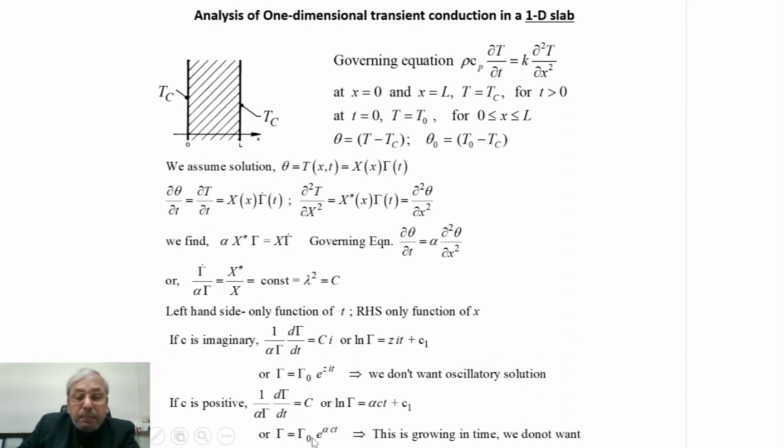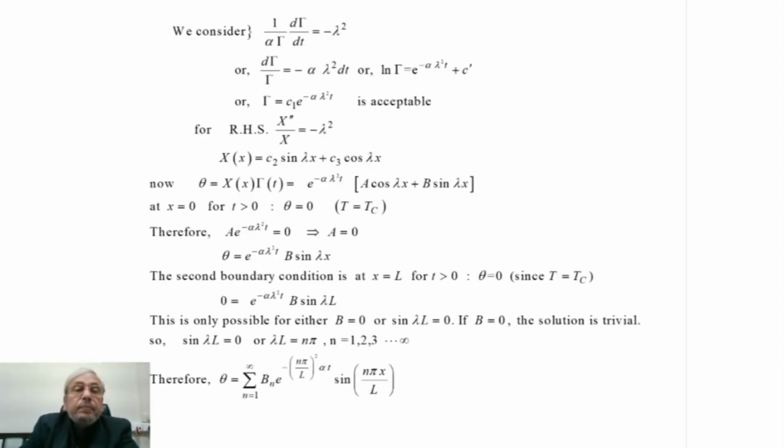And here also we can see that gamma will be equal to gamma naught e to the power alpha Ct. So this is also growing in time, and this is not possible because initially it is at a higher temperature T naught and it is being cooled, and after the time interval we get the side wall temperatures Tc, so it is not really growing.